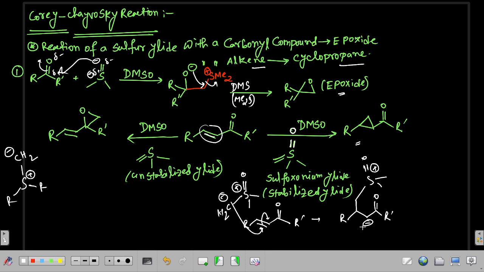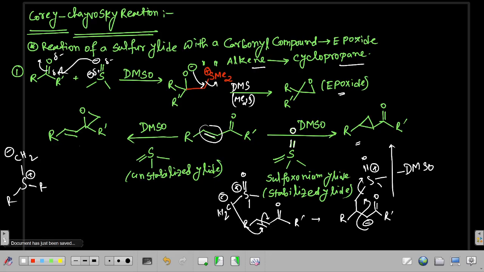Next step will be this carbanion will attack on this carbon, and it leads to the removal of this DMSO. So it will form this cyclopropane with the removal of the DMSO, and in presence of unstabilized halide, it leads to the formation of the epoxide.